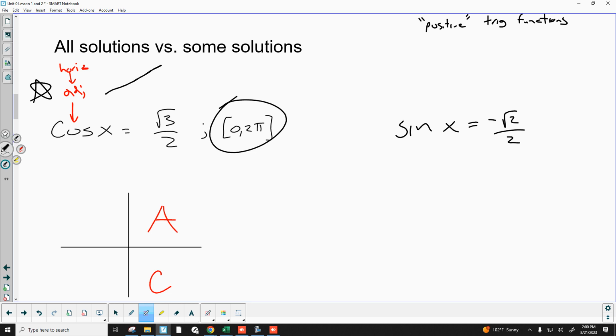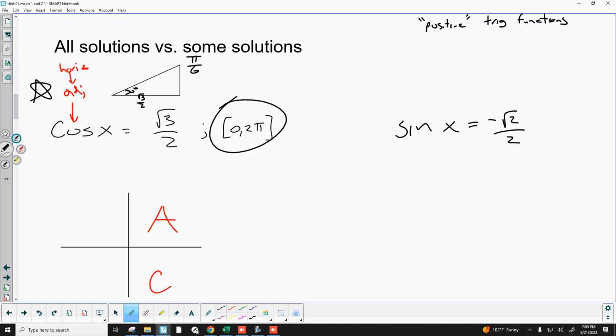I know root 3 over 2 is the longer side. There we go. Root 3 over 2 being the longer side. So there is my root 3 over 2. It's going to be at my 30-degree short pi over 6 triangle again. Okay? Now, I know I need the pi over 6s.